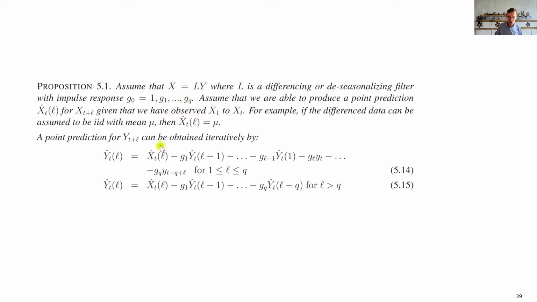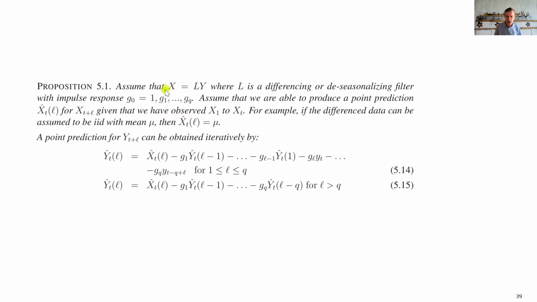Using the same trick, we can deduce that y_t is given by x_t minus the other terms of the impulse response here. I assume that the first term of the impulse response is 1, otherwise I can divide by this term here.